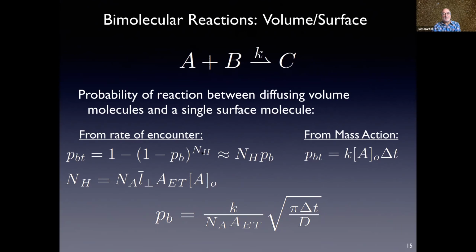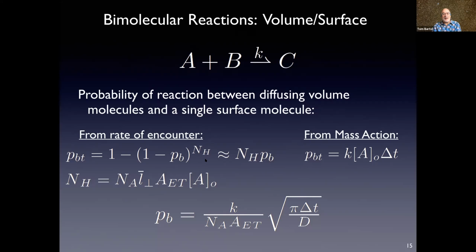We just want n sub h to be small. It doesn't have to be less than 1 because we're talking about individual hits here, but it just needs to be a small number of hits. And certainly PB needs to be less than 1. And that happens when delta t is small.